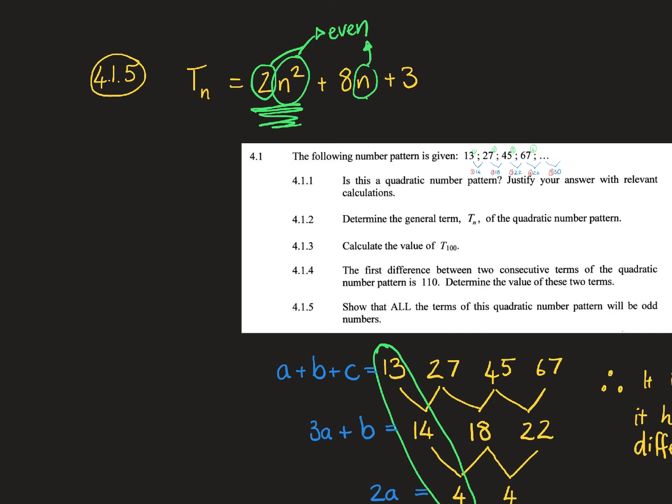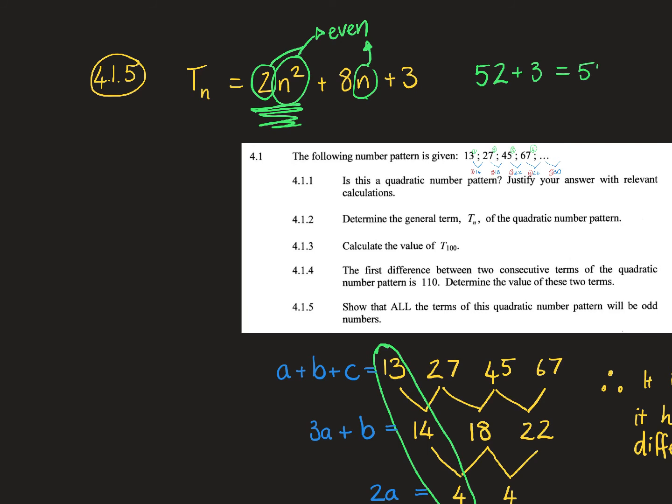So now we have an even number, and we're adding another even number to it. So just with these two terms combined, we're going to get an even answer. And this is where it gets interesting, because afterwards we add an odd number. And as we know, any even number plus an odd number is going to give us an odd number.